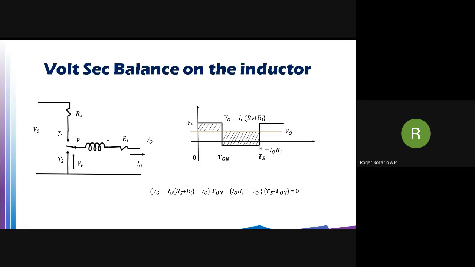So minus I naught into RL minus V naught, multiplied by the duration for which this voltage occurs, which is Ts minus T on, gives the area of this region. This area will be equal to this area. The average voltage across one cycle in an inductor is equal to zero. That is what the principle says.